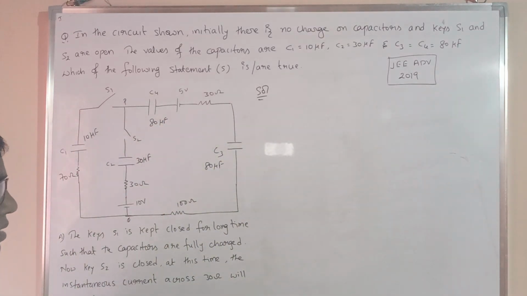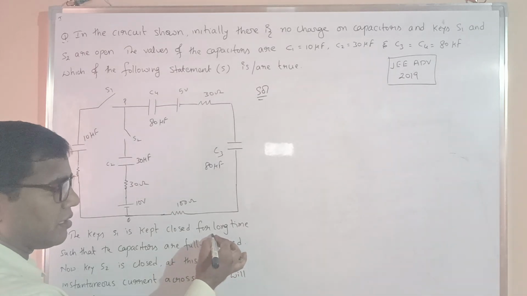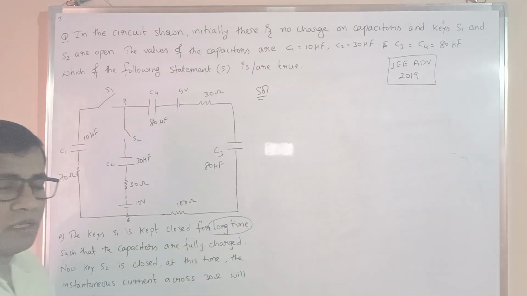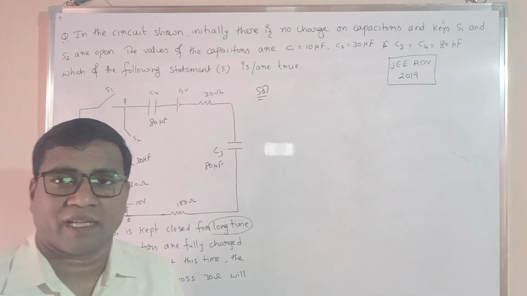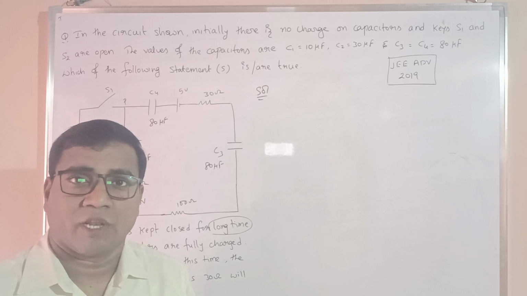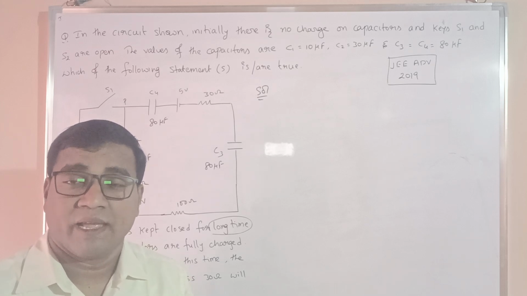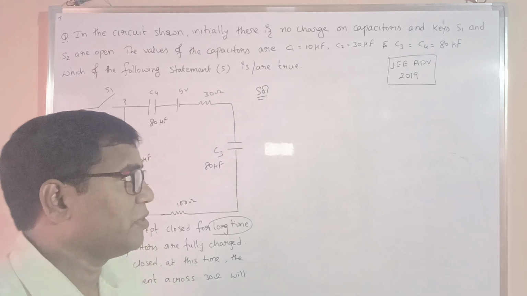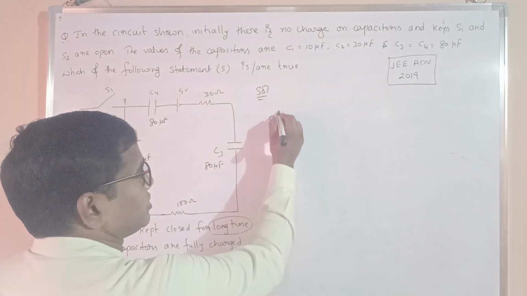If you see the words here, "long time": whenever capacitors are there in the circuit, two things are important. First is the long time, and second is at t equal to 0.